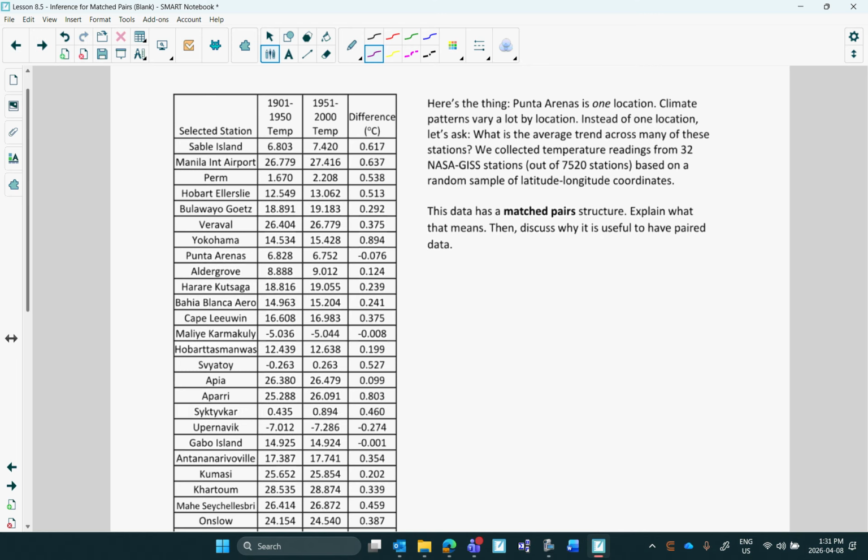Then we took each one and paired up their average temperature from 1901 to 1950, and then from 1951 to 2000, and found their difference. So it follows a matched pairs structure. By a matched pairs structure, each station has two measurements.